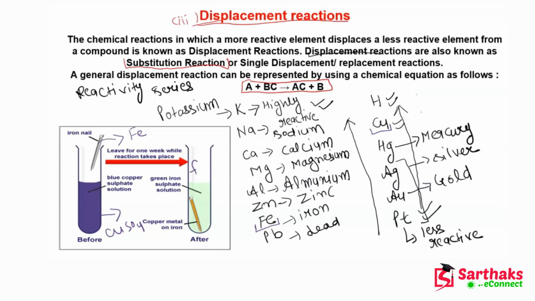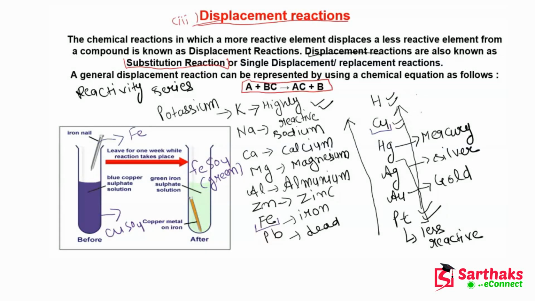Because in this solution FeSO4 will start to form. Why? Because this Fe will displace this copper from its sulfate. So it will become FeSO4, and this FeSO4 is green in color. So the color of this solution will change from blue to green. And we know the reason why it turned green, because Fe displaces the copper.